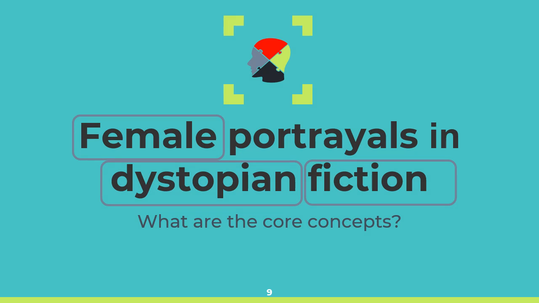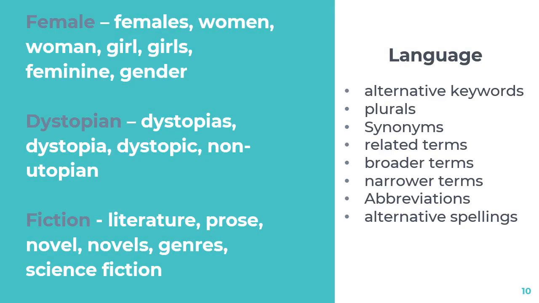For example, if you were looking at female portrayals in dystopian fiction, the key concepts you'd be searching would be female, dystopian, and fiction. So we have the 3 terms listed here: female, dystopian, fiction.